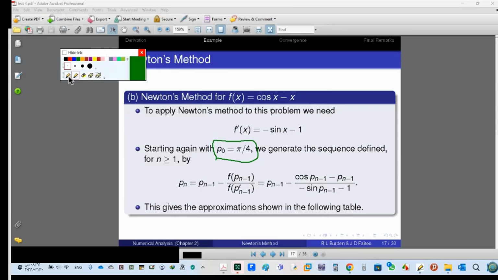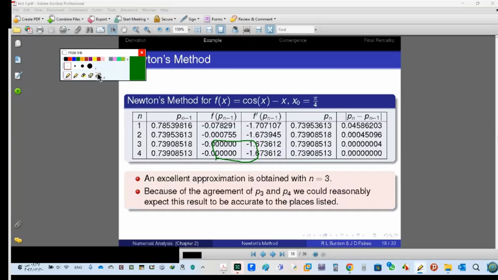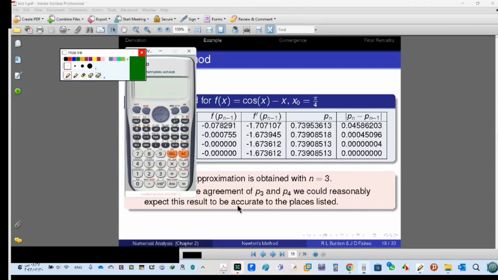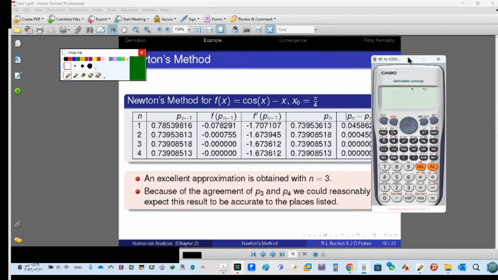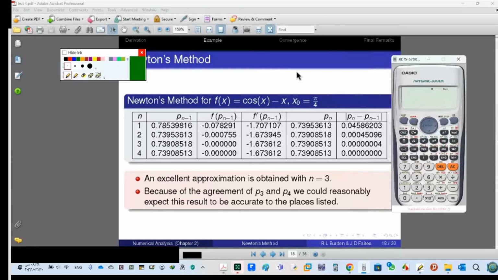Then after that, start to make a table. You can solve this question two ways. This is the calculator with me. In the exam, you can make just p_n and p_{n+1}.